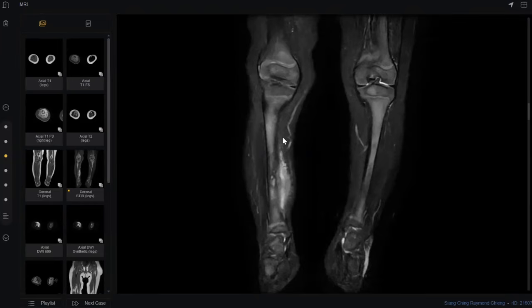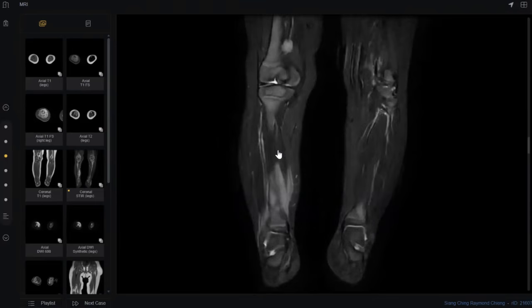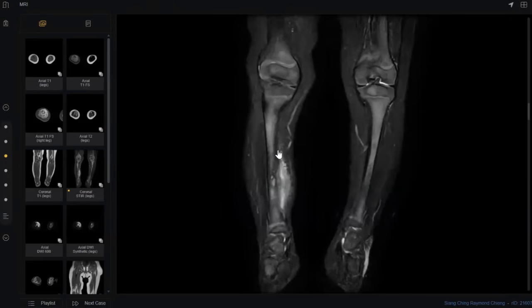So I confirm my finding that this is an aggressive lesion. What is your next step? I would advise a chest X-ray to rule out any metastasis. I would also advise the whole bilateral leg X-ray to see any skip metastasis.